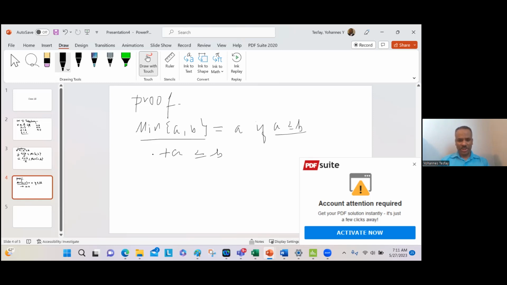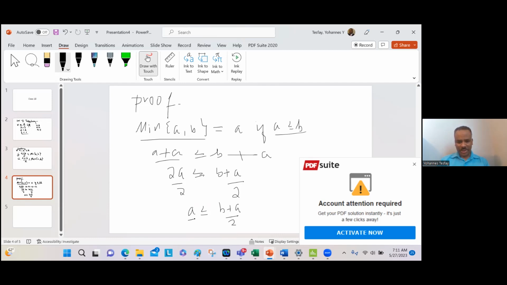This is A and this is plus A. So this is 2A. 2A is less than or equal to B plus A. So divided by 2, then A is less than or equal to (B plus A) over 2.